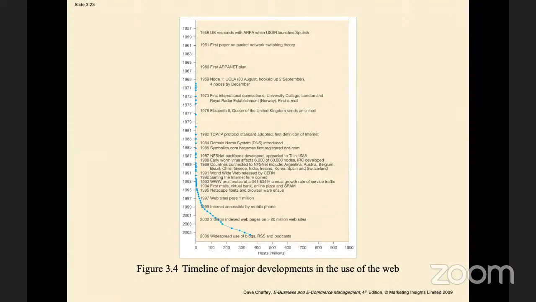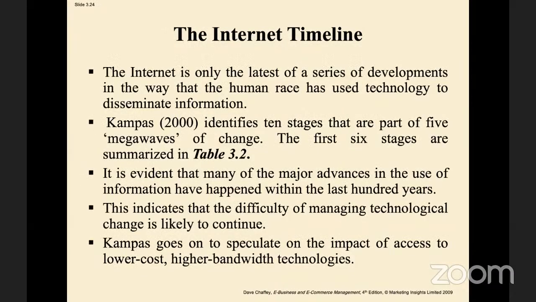Okay, here is the timeline of major developments in the use of the web. It gives the number of hosts in millions against the years, so it is a graphical representation of the major developments in the use of the World Wide Web. Then the internet timeline.